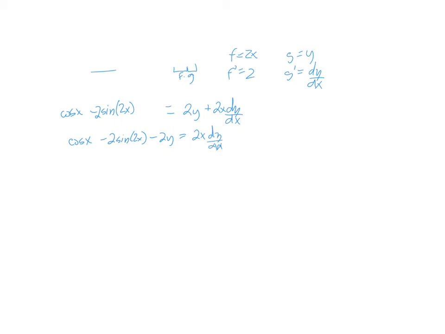So our last step would be divide everything by that 2x, and we're done. So cos x minus 2 sine 2x minus 2y, all over 2x. And again, this would be a pretty nasty one to do second derivatives on, so we'll stop there.